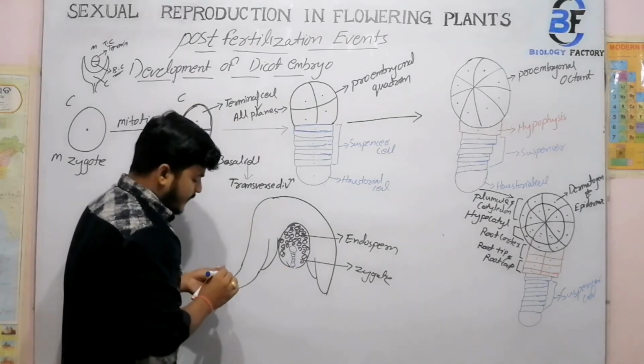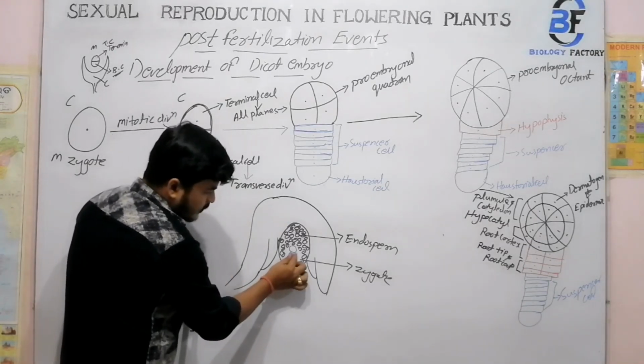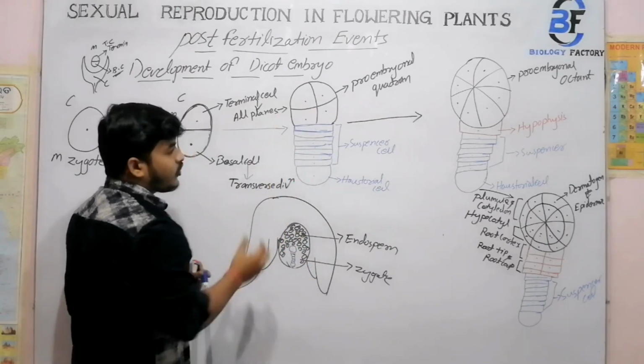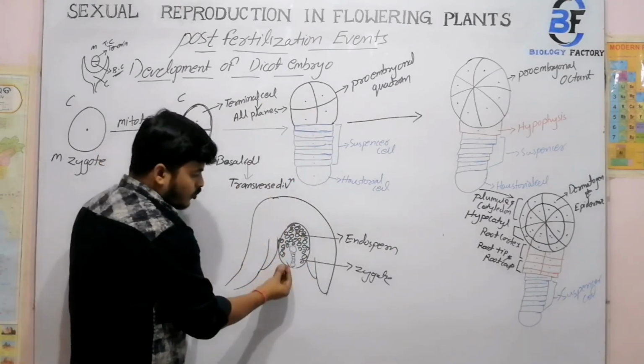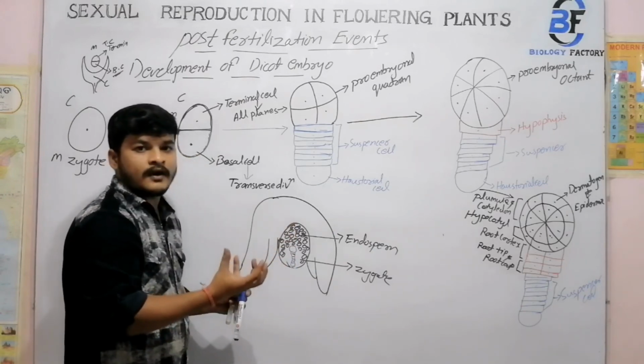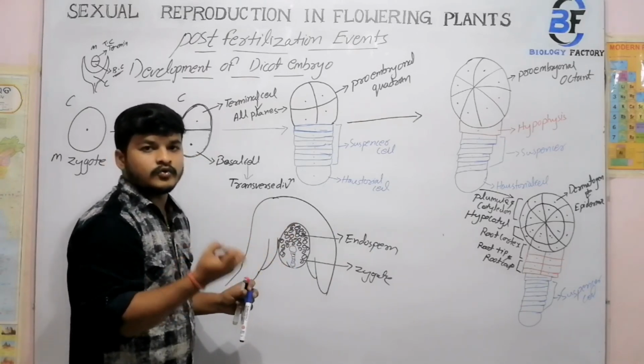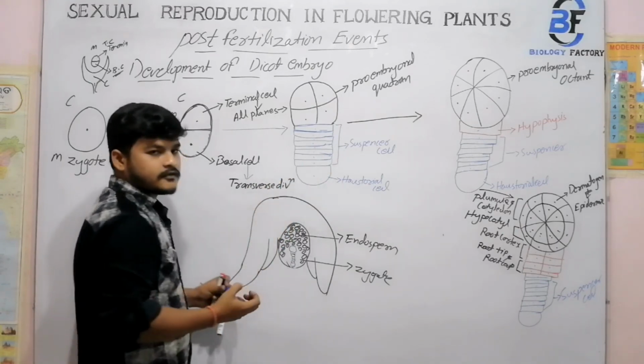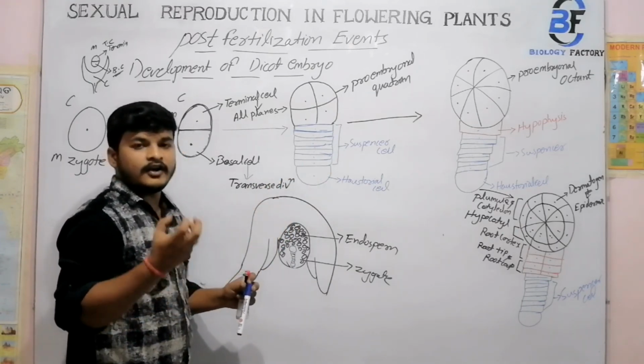If we draw this type of diagram, we see the suspensor pushes the proembryo, that means the embryo, towards the endosperm, that means towards the nutritive tissue, for nourishment. So the main function of your suspensor cell is to give nourishment.